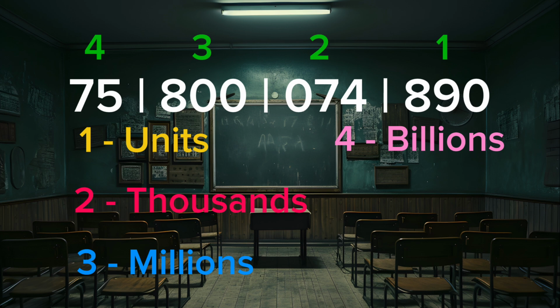So this is a trick. If you want to find the place value for any digit, you follow this. And of course, if we have a group 5, that will be known as trillion, and so on and so forth. So now we have 4 groups and 4 falls under billion. So this is billion. If we want to pronounce it, we pronounce the digits and then the place value.